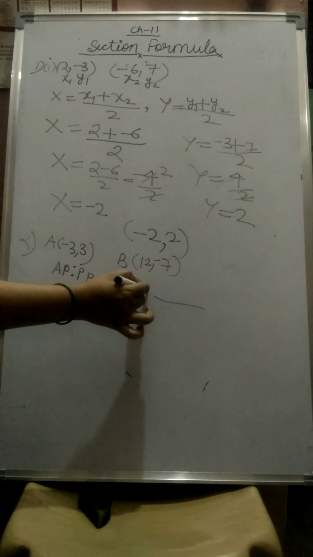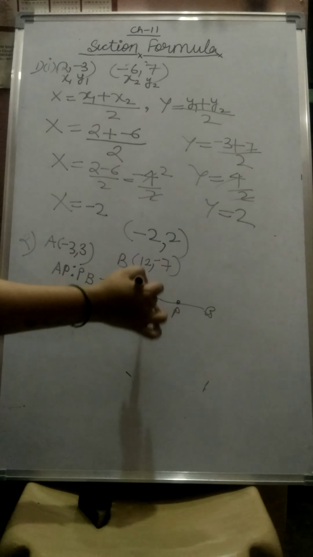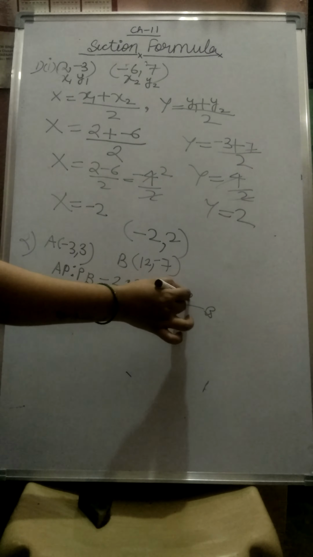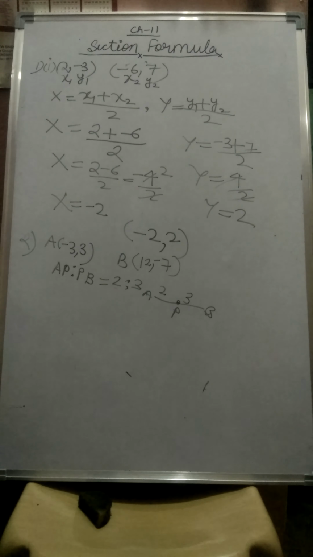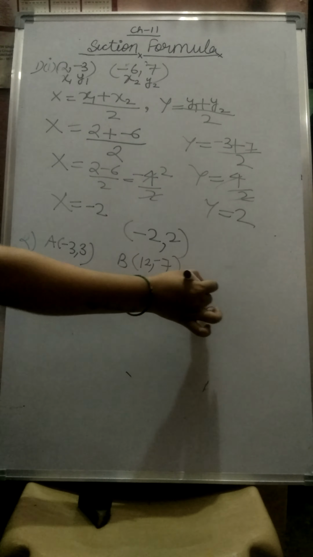We have a line AB where P is the point which divides it in the ratio 2 is to 3. So 2 and 3 are the values of m1 and m2.